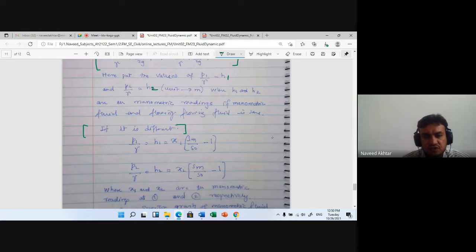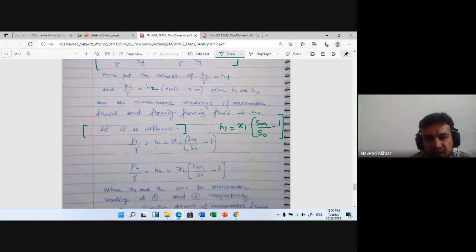But if the fluid in the manometer and the fluid flowing are different, then you have to write P1 upon gamma is nothing but H1, and H1 is nothing but X1 into Sm upon S0 minus 1, where Sm is the specific gravity of the manometric liquid and S0 is the specific gravity of the flowing liquid.